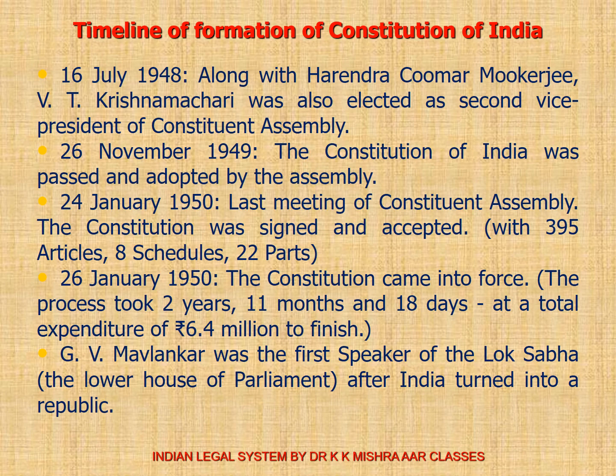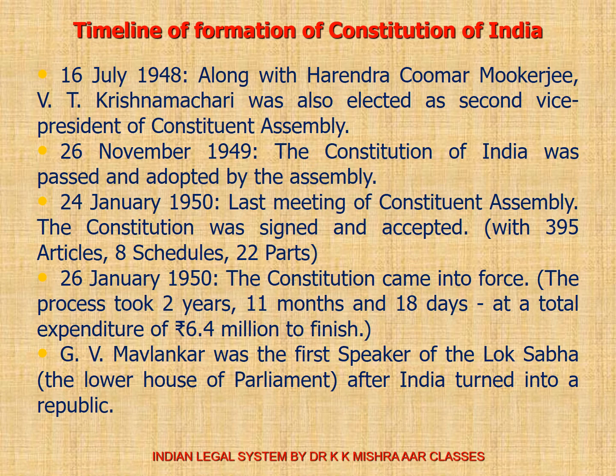16 July 1948, along with Harendra Kumar Mukherjee, V.T. Krishnamachari was also elected as second vice president of the Constituent Assembly. 26 November 1949, the Constitution of India was passed and adopted by the Assembly. 24th January 1950, last meeting of the Constituent Assembly.